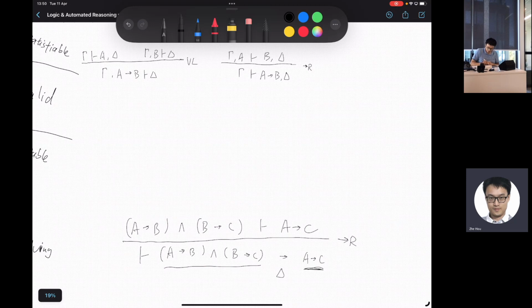And now we have something on the left, we have something on the right. So technically we can apply and on the left or implication on the right, and it doesn't matter which one you apply actually. You'll get the same proof eventually. So let's just say we apply and on the left.